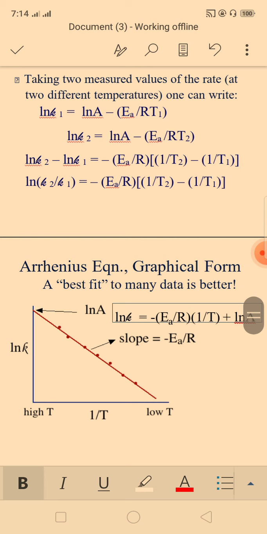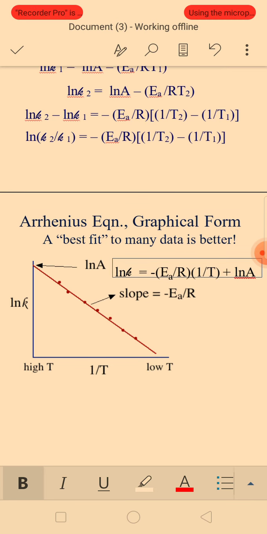When we plot a graph between the inverse of temperature on the x-axis and the natural log of the rate constant k on the y-axis, we obtain a straight line that does not start from the origin.